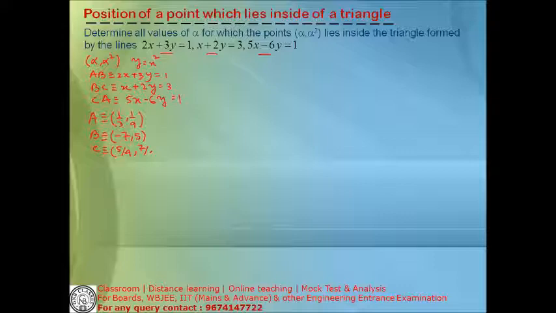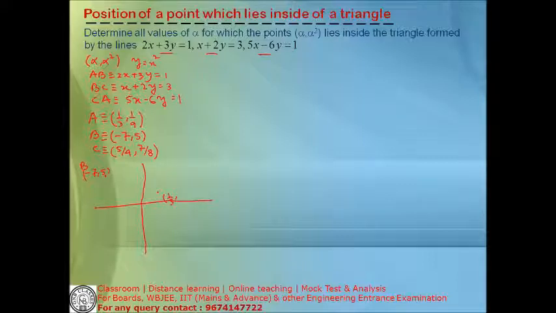So these are the vertices of the triangle. Now if we plot those points A, B, C in the plane, we are going to get something like this. Suppose this point will be minus 7 comma 5, which is your point B. Then the next point will be this point, which is your A, the point 1 by 3 comma 1 by 9.